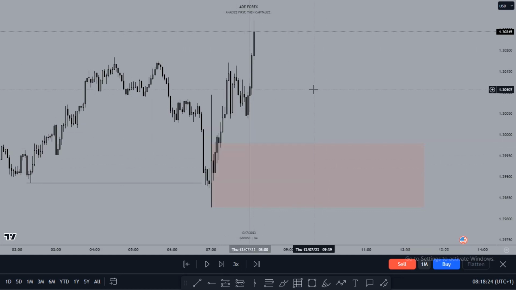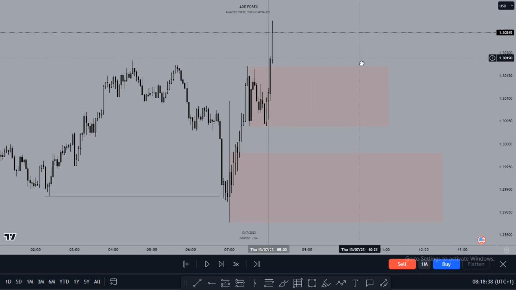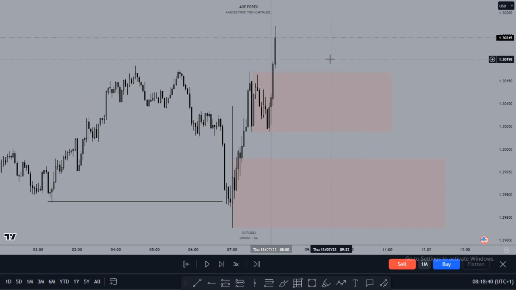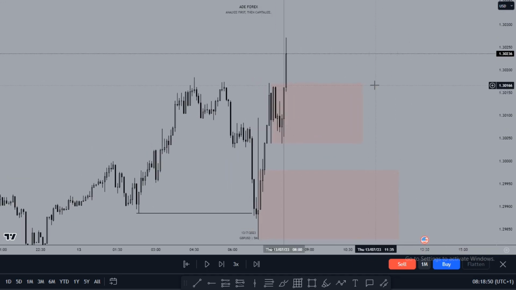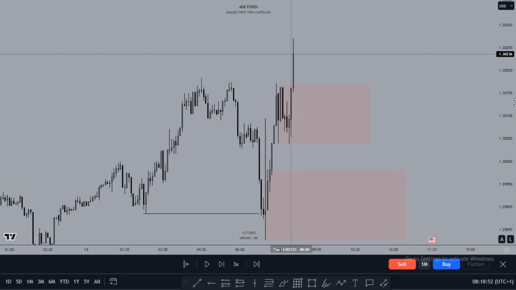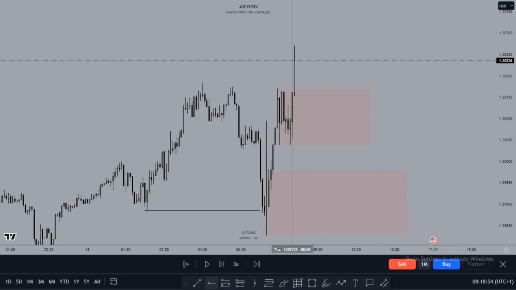The area I was in fact looking at was this particular area right here. I was looking to take my trades from this area, since we've broken structure like this. So let's go to the five. I think I took my entry from the 5 minutes. Hold on, let's see.